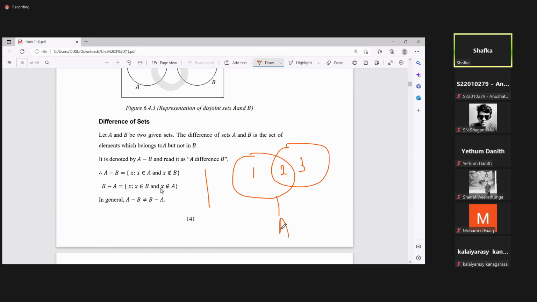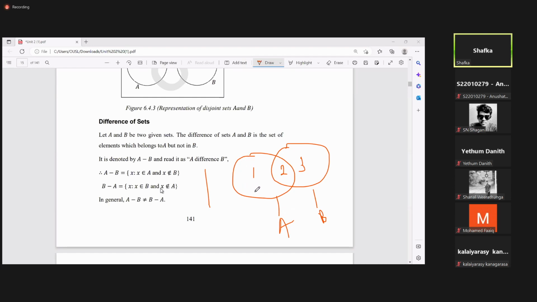If this is A, which region represents A minus B? One. 1 only. Yeah. Someone saying 1 and 3. Is it correct? The correct answer is 1.